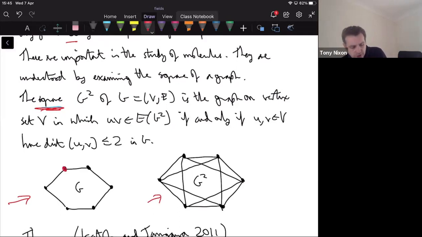So this vertex is adjacent to this one, so the distance is 1, so it was drawn here. It is distance 2 from this one, so that one is drawn, and it's adjacent to this one, so that's drawn, and distance 2 from this one, so that's drawn, but its distance is 3 to that one over there, so this one wasn't. Similarly, you can go around and see what happens in the example.